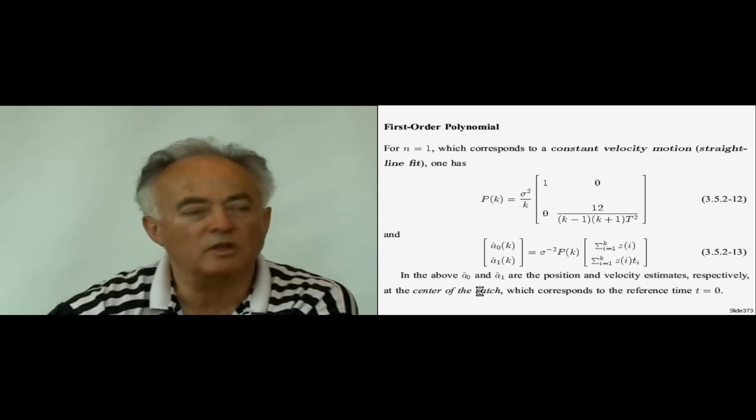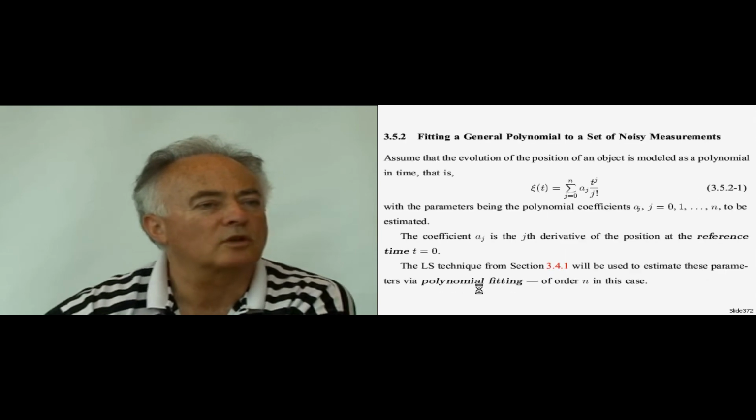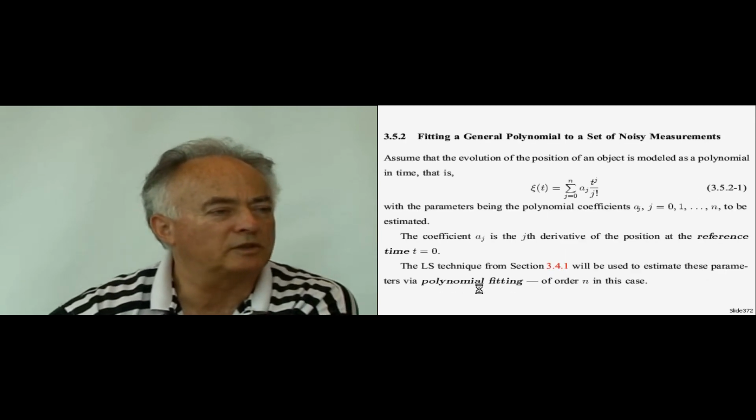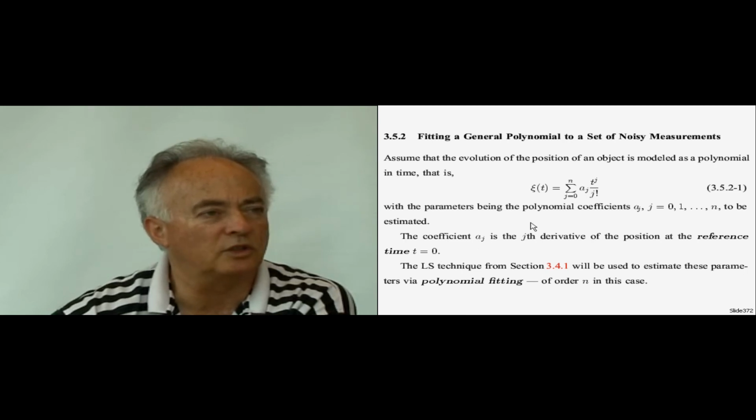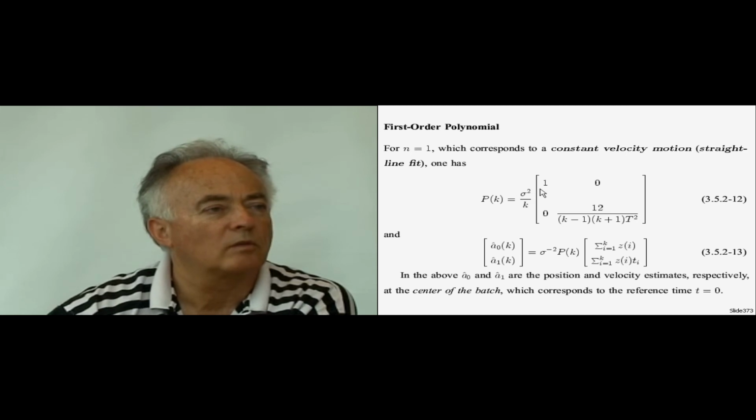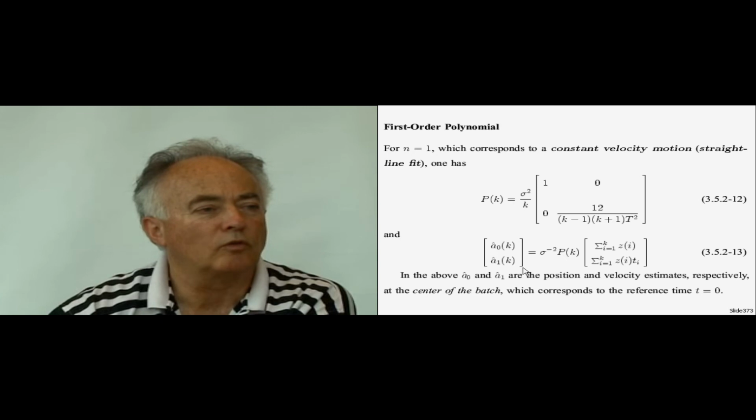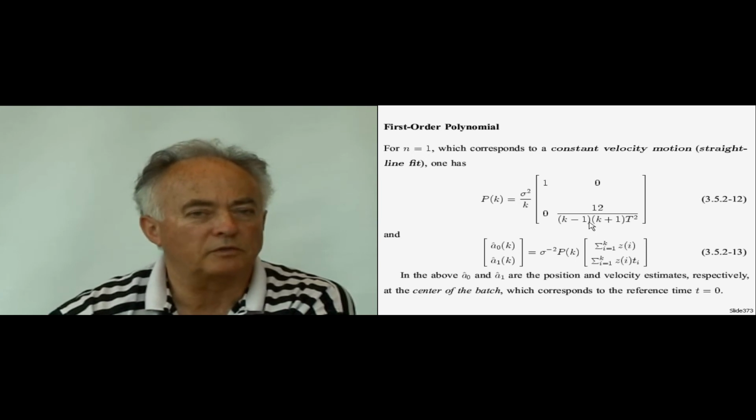So what we have now is a reference time, and that's where these coefficients are the derivatives. And for convenience of these expressions, we have a batch, and the reference is in the middle of the batch. The very first solution was at the beginning of the batch, t0.